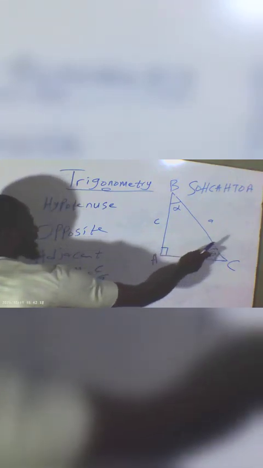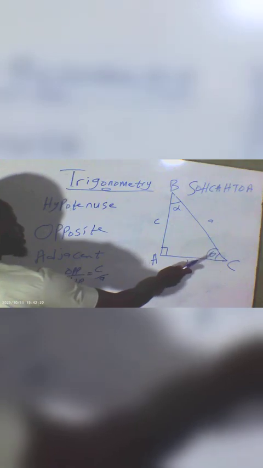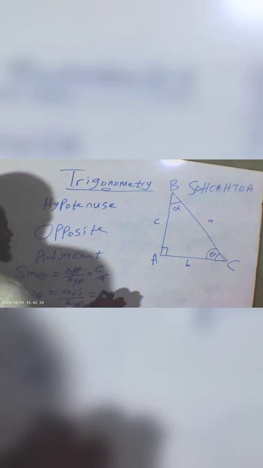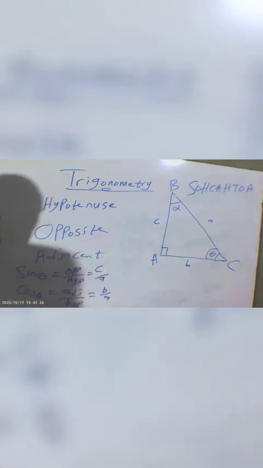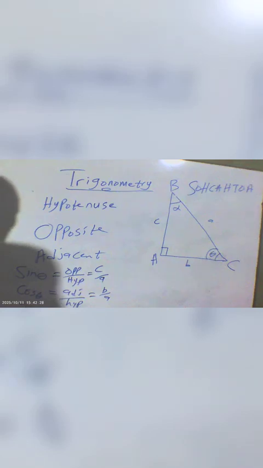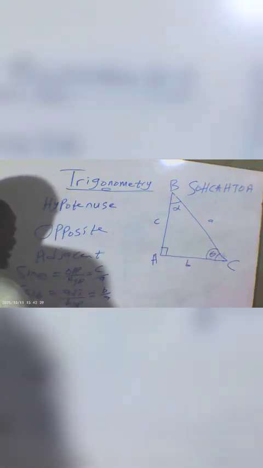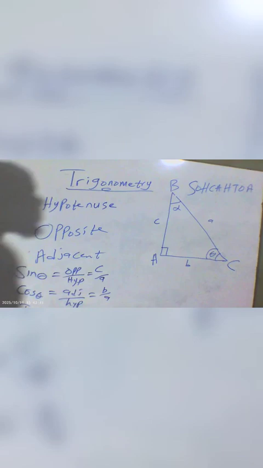This is theta also. What is the adjacent here? B. What is the hypotenuse? A. That is adjacent over hypotenuse. Then tan theta is equal to opposite over adjacent. Opposite of this theta is C, adjacent here is B, which is C over B.